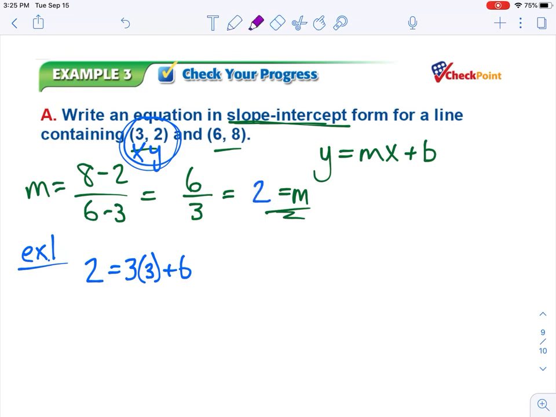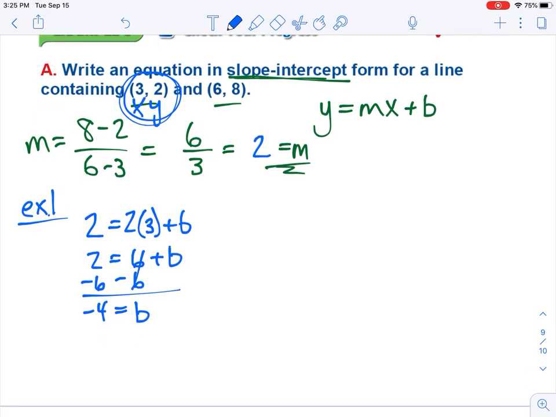M is 2, not 3. Gotta get my divisions right. There we go. Sorry about that. So now we take 2 equals 6 plus b. We subtract 6 on both sides and we get negative 4 equals b. Then I plug in my slope and my y-intercept value, so y equals 2x minus 4.